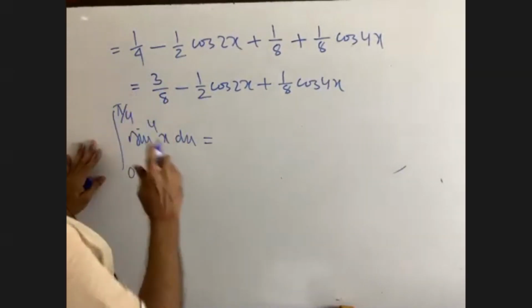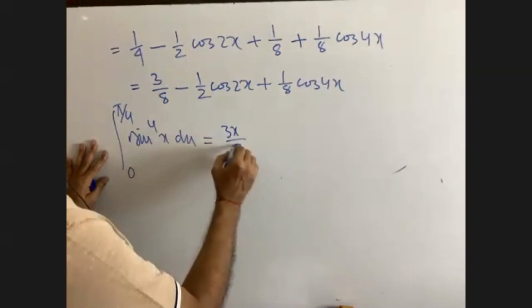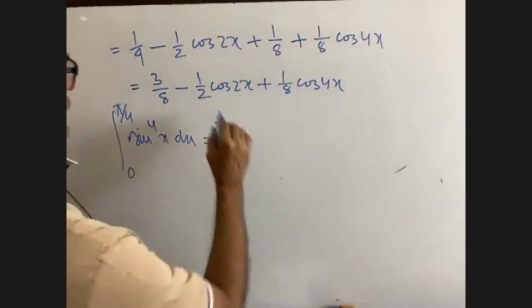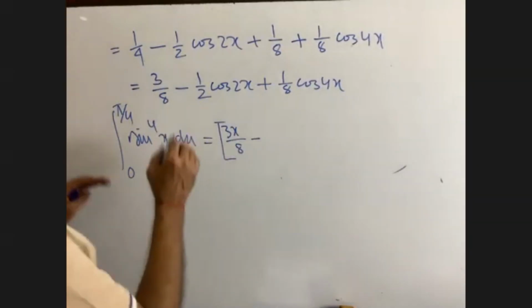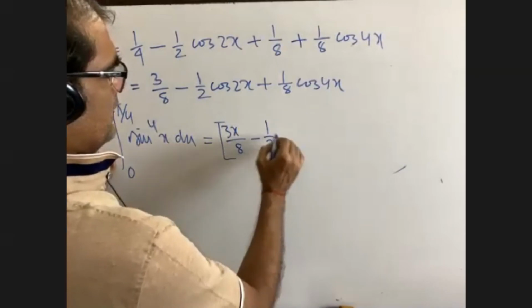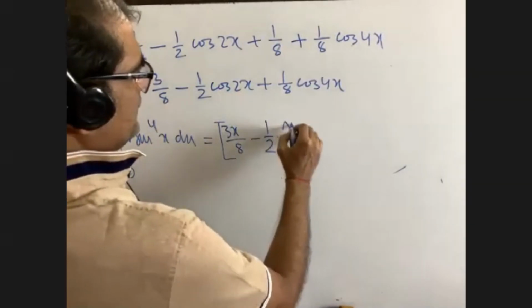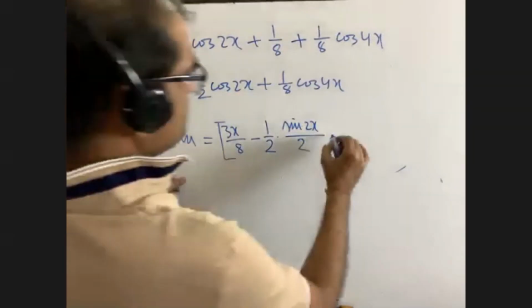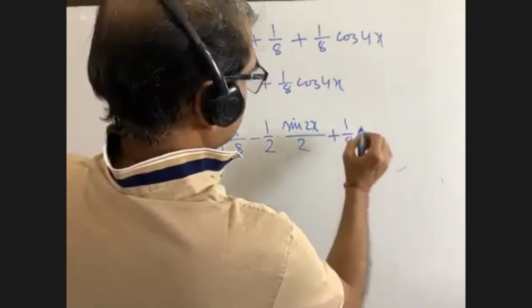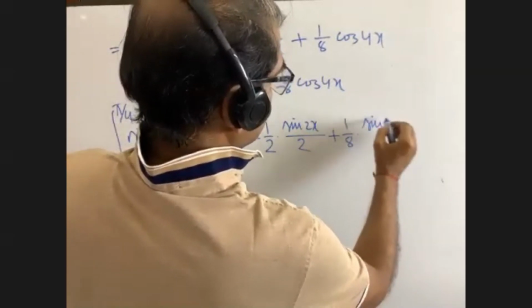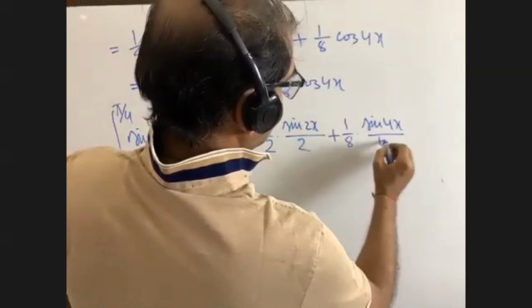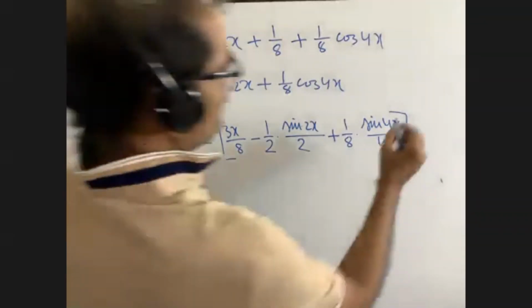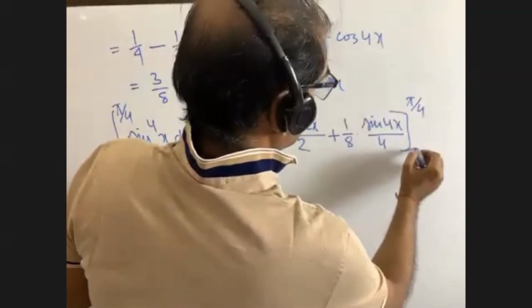If I integrate this, we will get 3x by 8 minus, half into cos 2x, that means sine 2x by 2, plus 1 by 8 cos 4x, that means sine 4x by 4, from 0 to pi by 4.